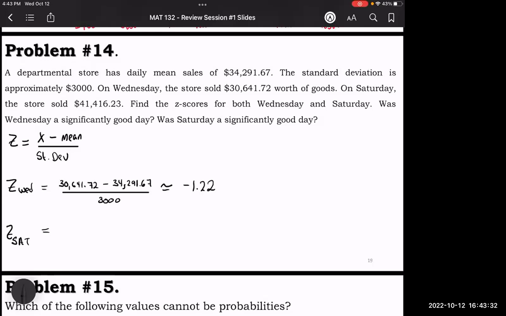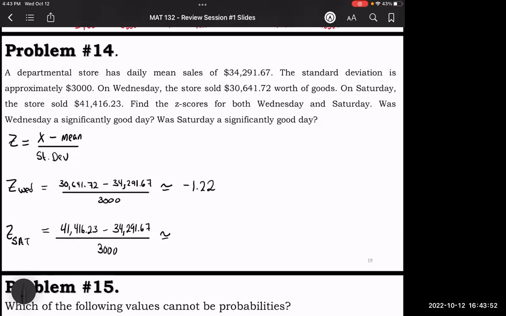All right, we're going to repeat this process now for Saturday. We're going to take our sales, which was $41,416.23 minus the mean, $34,291.67, divided by 3,000.